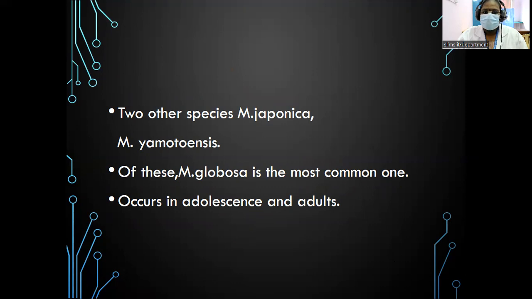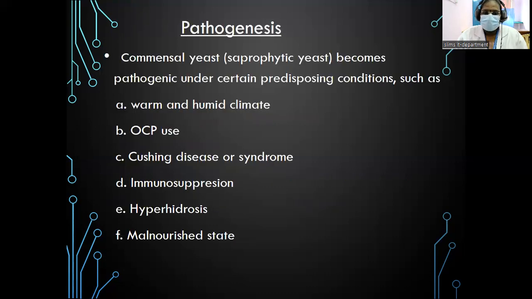Usually it occurs in adults, an age group where sebaceous activity is greater, leading this commensal organism to become pathogenic. The pathogenesis is that the normal commensal yeast becomes pathogenic under certain predisposing conditions.